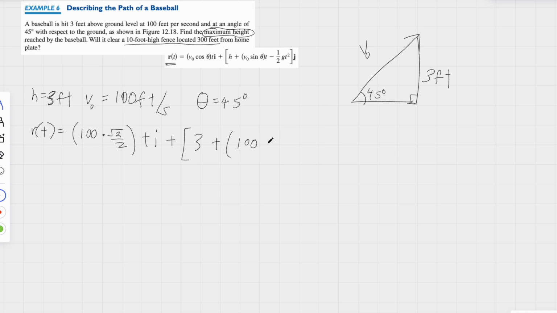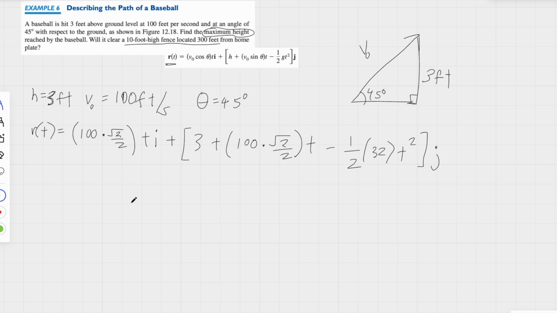Sine of 45 degrees is the same as cosine of 45 degrees, which is root 2 over 2, times t, minus 1 half g, pretty sure it's 32 feet per second squared, so it's like that, j.